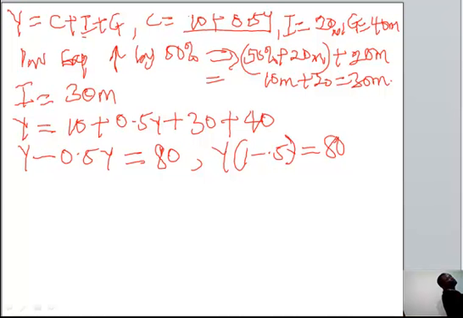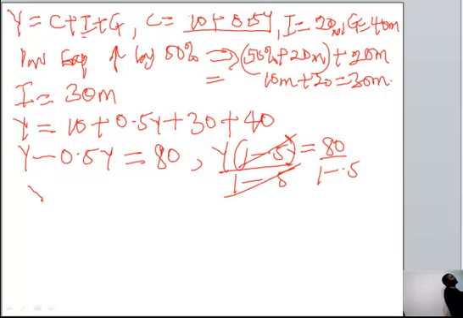If you divide through by 1 minus 0.5, this cancels this.